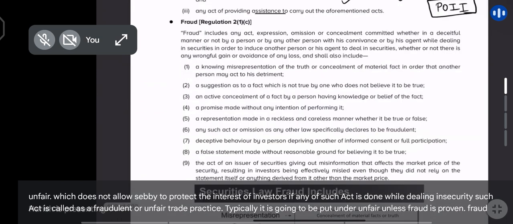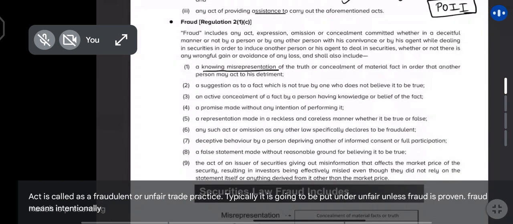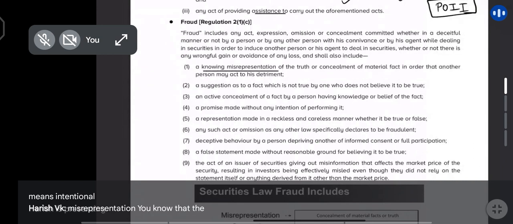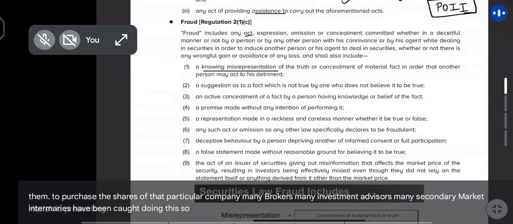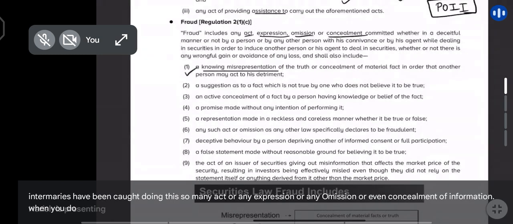Fraud means intentional misrepresentation. You know that the company's price is going to fall, but you lie to your investors and you advise them to purchase the shares of that particular company. Many brokers, many investment advisors, many secondary market intermediaries have been caught doing this. So any act or any expression or any omission or even concealment of information, when you do this knowingly, then it becomes a fraudulent trade practice.